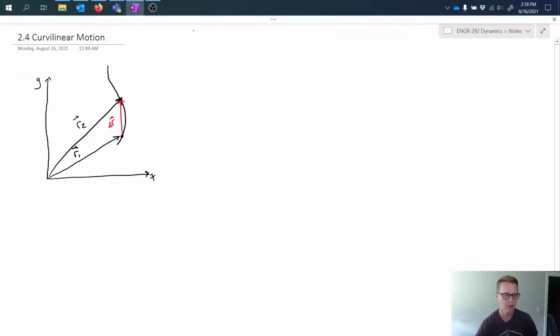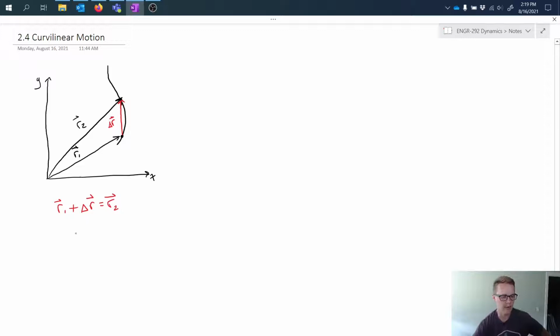Of course, we can use this mathematically to represent what's happening and get a relationship between all these positions. For example, if I look at these as vector quantities, I could say that R1 plus delta R is equal to R2, and that's just a vector addition that we can see graphically by looking at this.